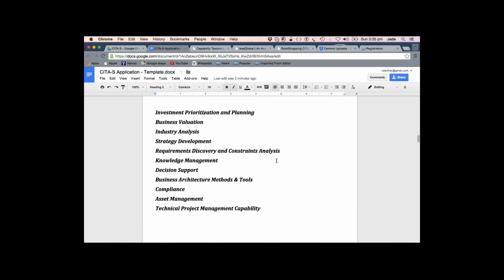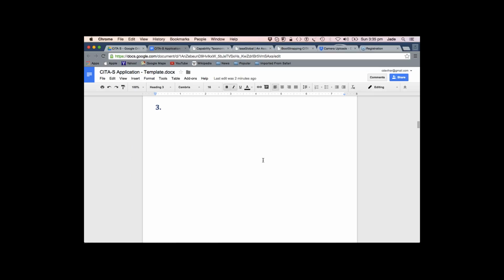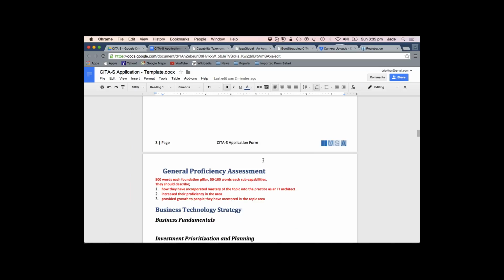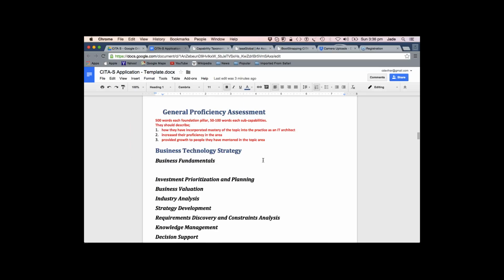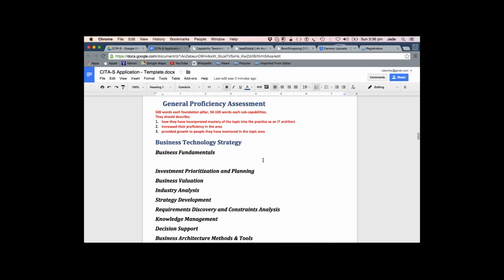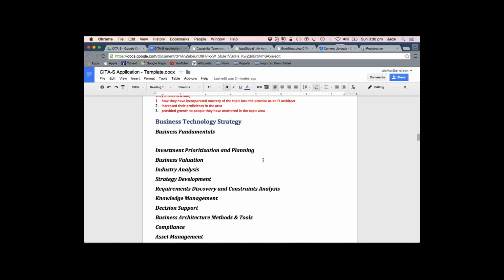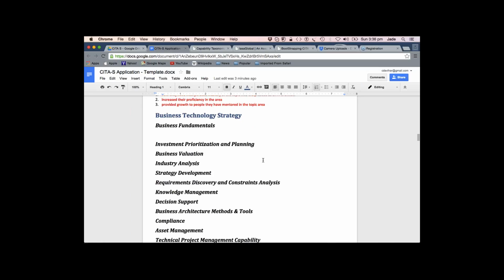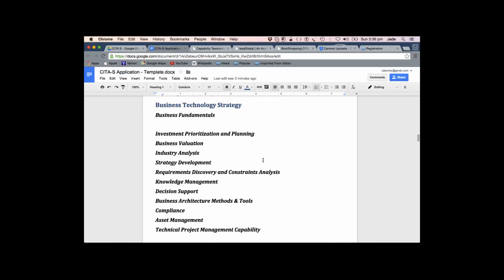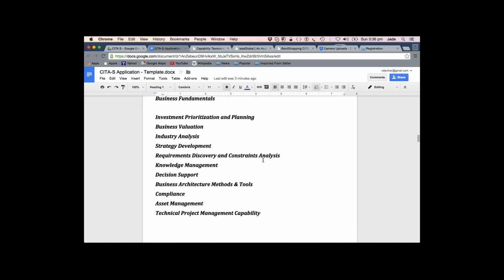I'm just showing the template that I shared with you. Okay, so we have business technology strategy. One is a general proficiency assessment, wherein we focus on certain sub pillars of BTS, like fundamentals, investment prioritization, and so forth.